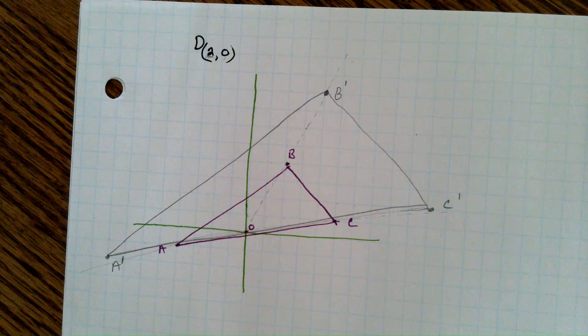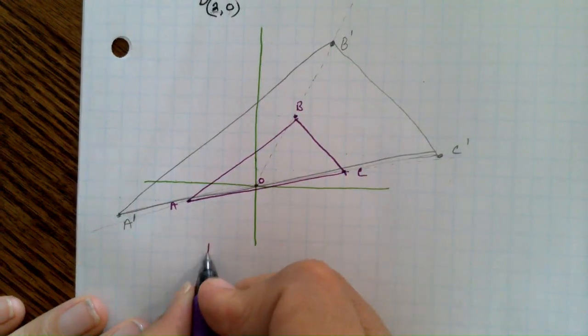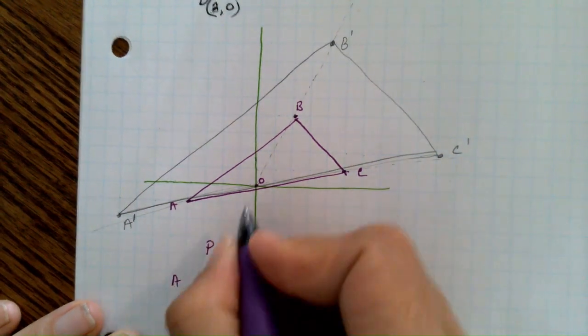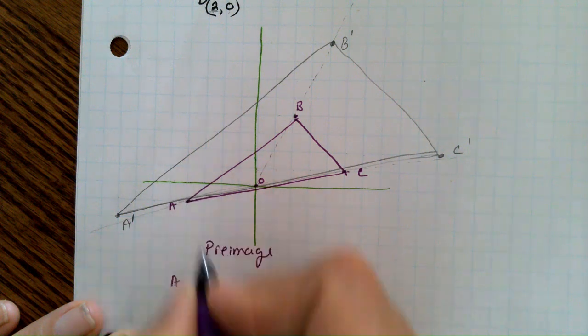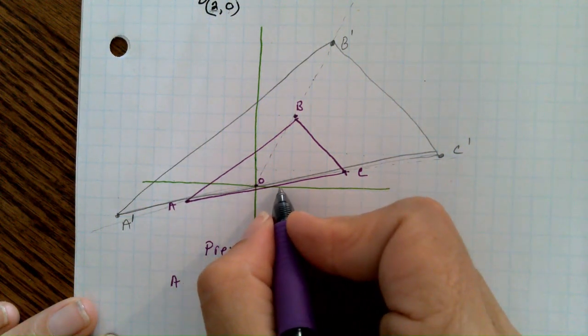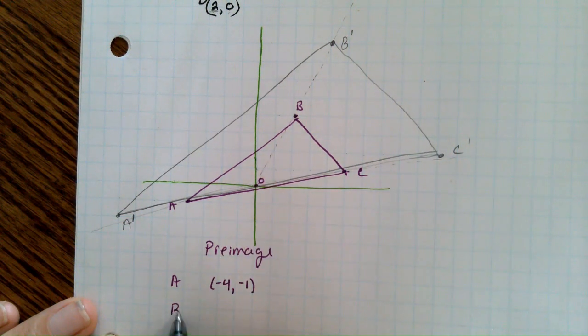But let's look at the pre-image versus the image now that we have it, and just look at the ordered pairs. So our pre-image, A was left 4 and down 1. B was 2, 4. And C was 5, 1.